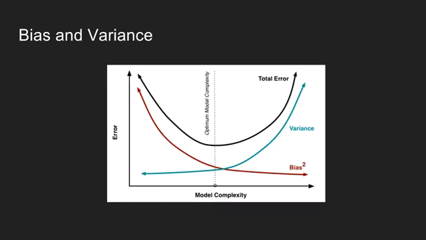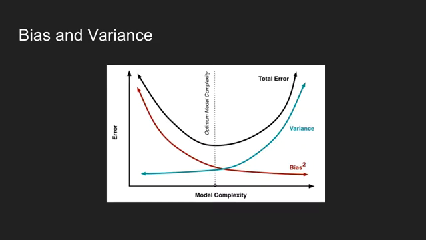And so what we can consider is the total error of our model. I'll just write it out here. It's simply a function of your variance plus your bias plus just extra error that you really can't get rid of.